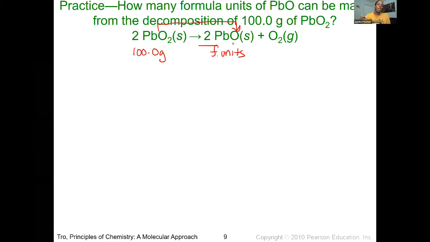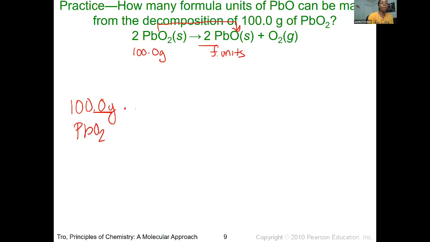And so again, let's think about the steps. We should see this can't be one step because I'm not in moles and I'm not going to moles. I know this is likely going to take 3 steps because I'm going to want to go from grams of PbO2 to moles of PbO2, first step always, then use mole to mole, cross the bridge, then go from moles to formulas using mole island or Avogadro's number. Okay, so starting with the beginning, grams of PbO2.